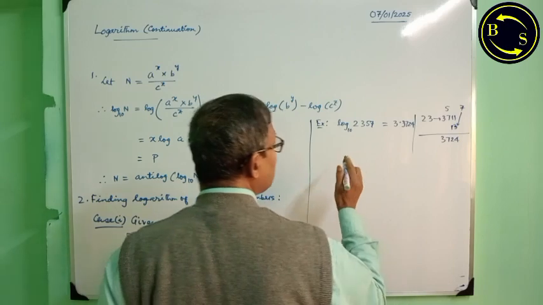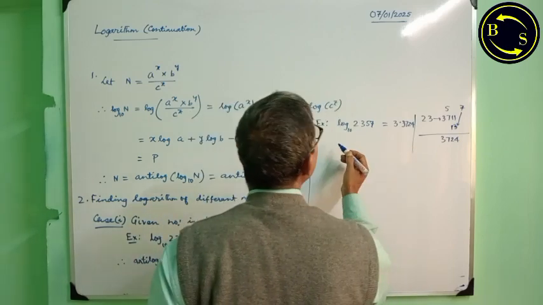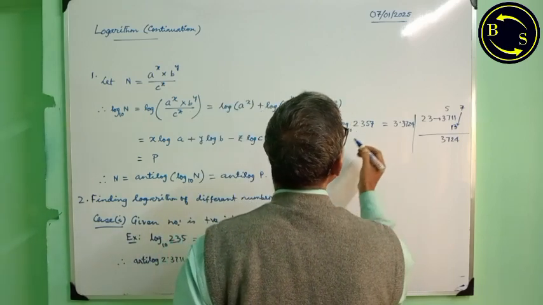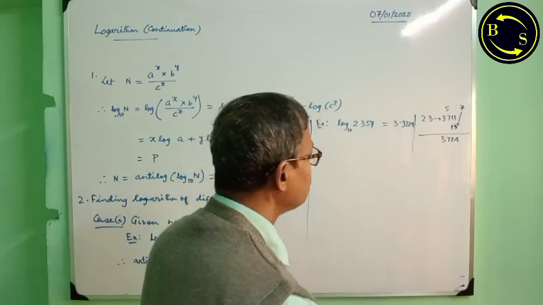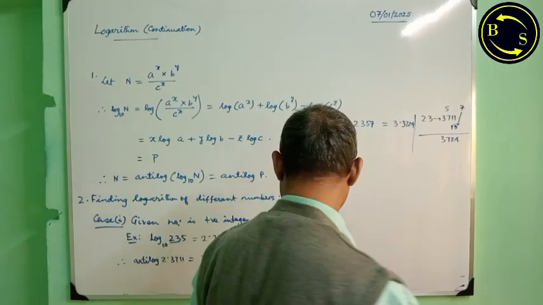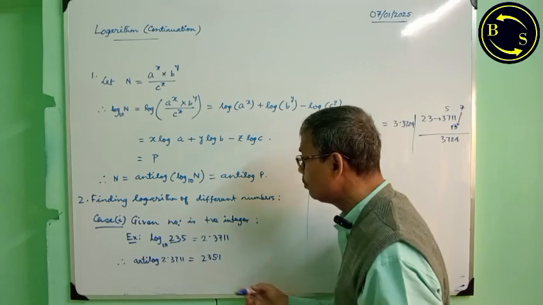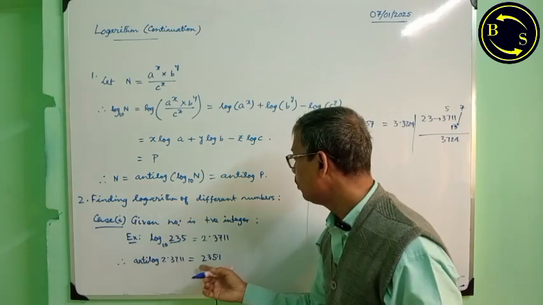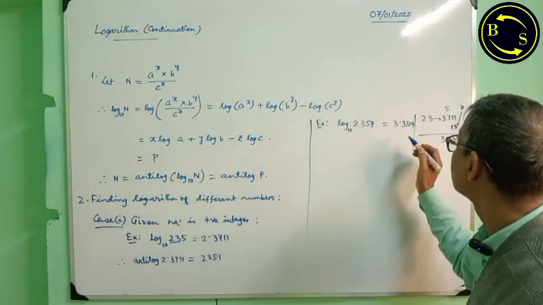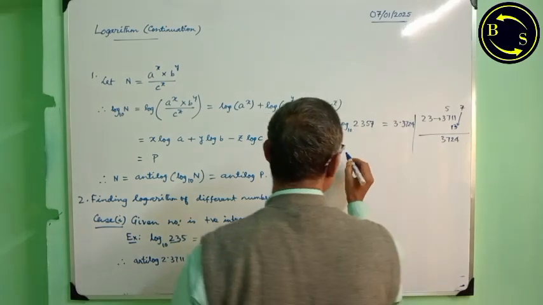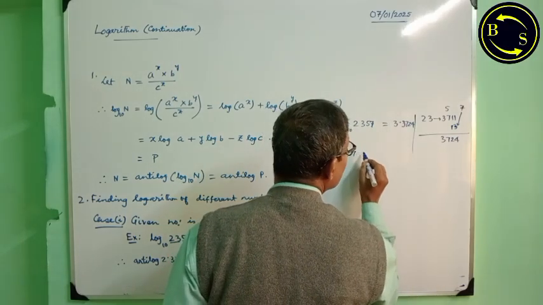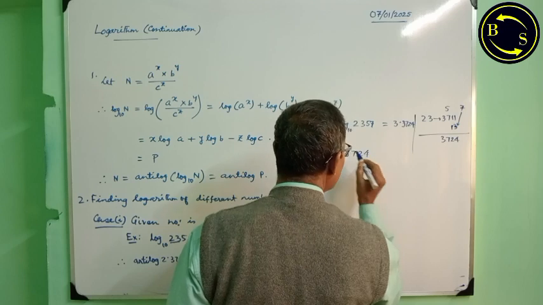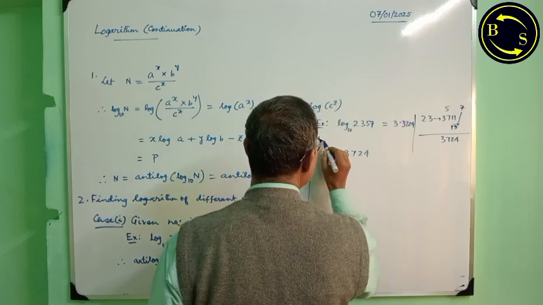Then, for getting the original value, we have to take the antilog of this number, and I have already discussed how to get the antilog. For that, first we note this 0.3724 antilog.